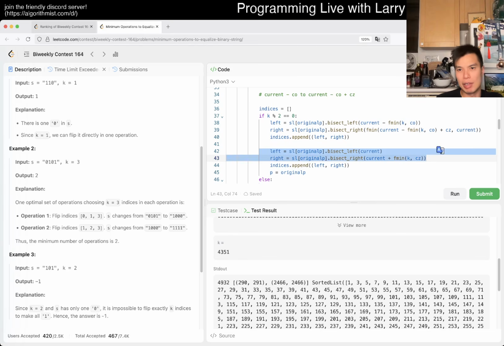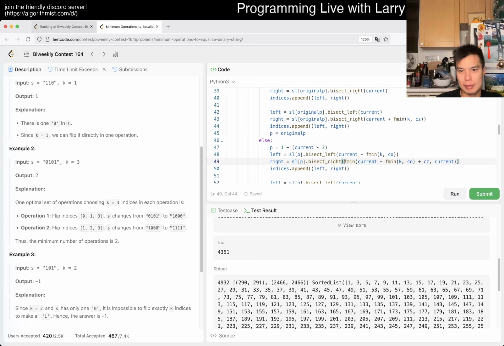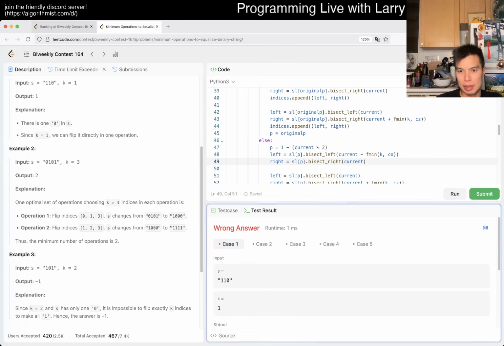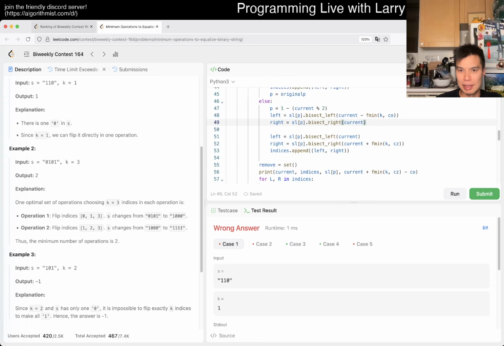I guess we could do it the other way too then, right? I mean, yeah, okay. Okay, now, oh. What is that one? I actually thought that would be right.